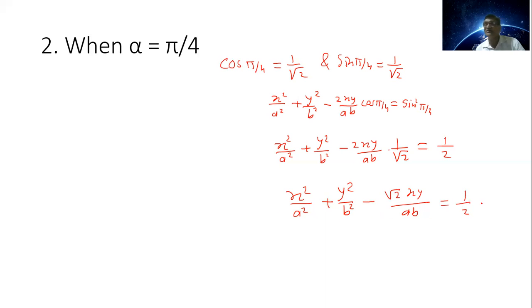We can multiply this equation through by 2. And that's why we can write here 2x square upon a square plus 2y square upon b square minus 2 root 2 xy upon ab is equal to 1 here.